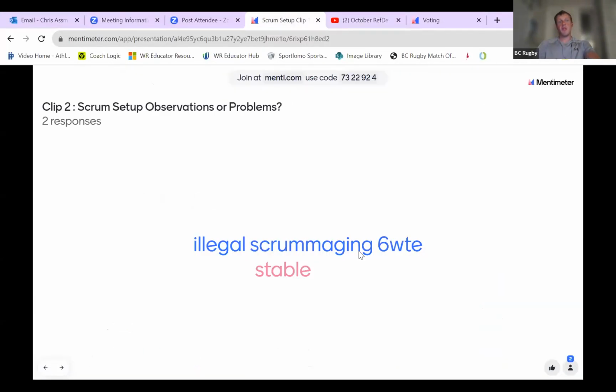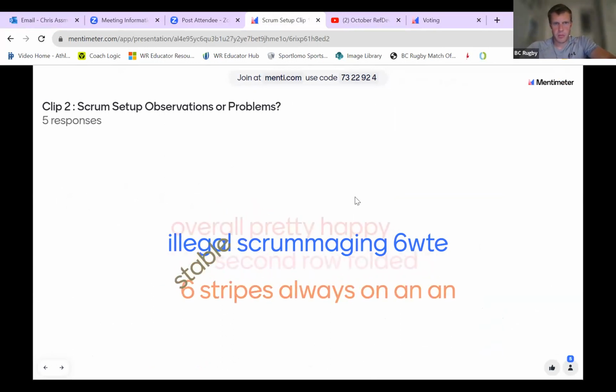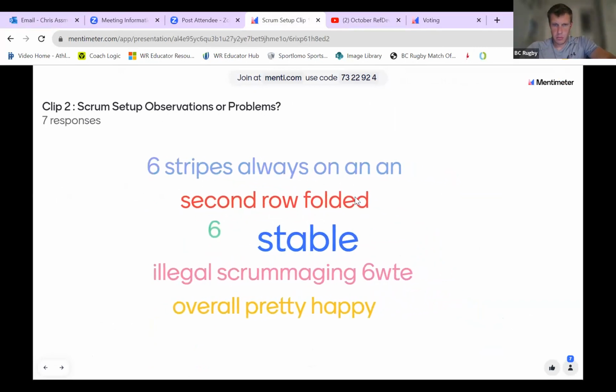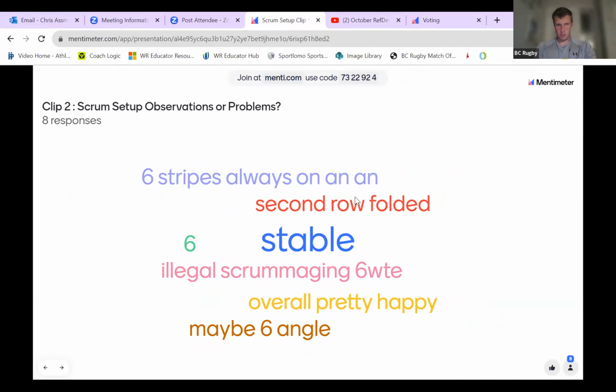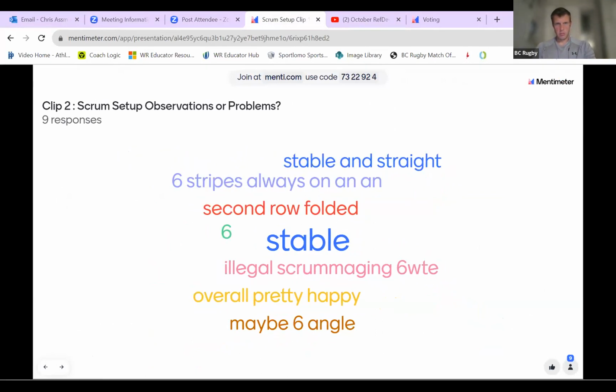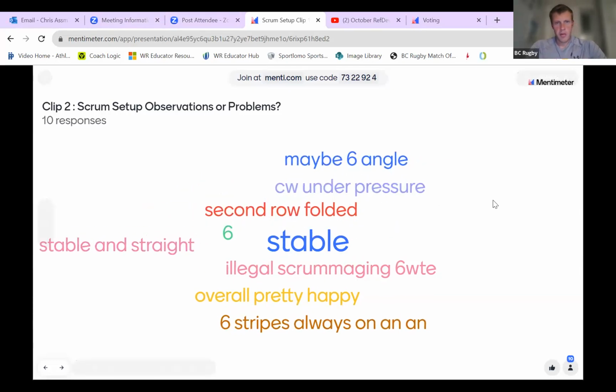Any problems that you might have seen, or again, if you haven't seen a problem, you can say it's stable, and we'll go from there. Sweet, another few seconds.